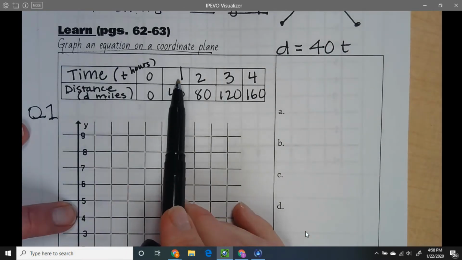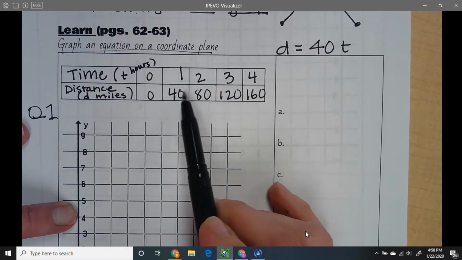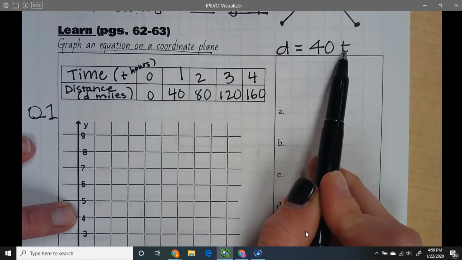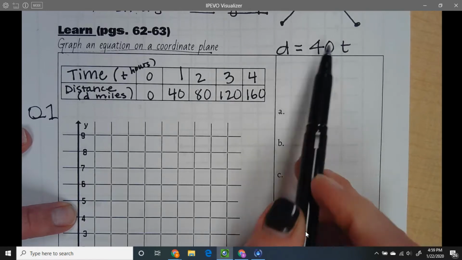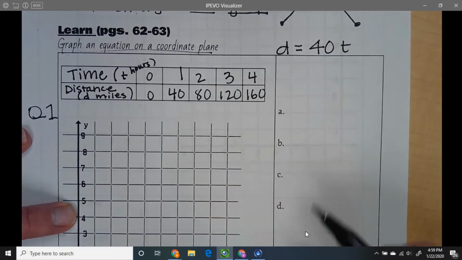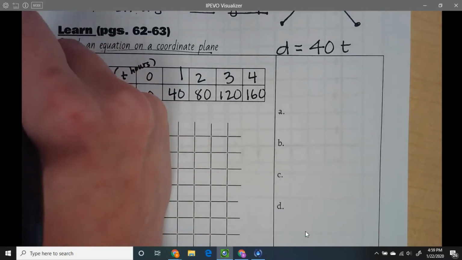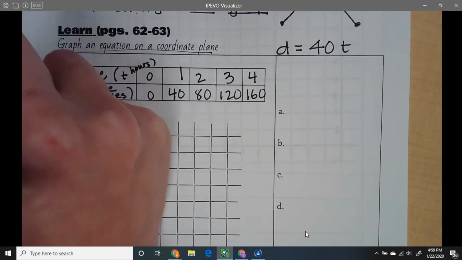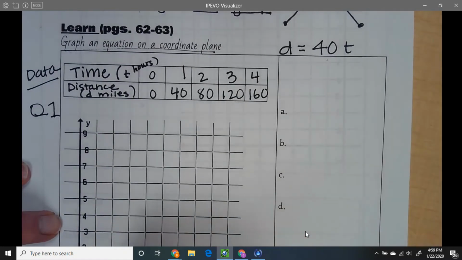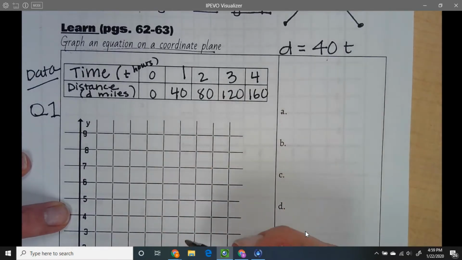If we filled in 1 for the T, 1 times 40 is 40, and that works out to be the D. If I filled in 2, 40 times 2 is 80, and that's what the D is for distance here. It should work for these two as well. That's why the equation works, and it gives us the data here. So this is just the data that represents my equation, and my graph is just going to represent those values of data that match my equation as well.